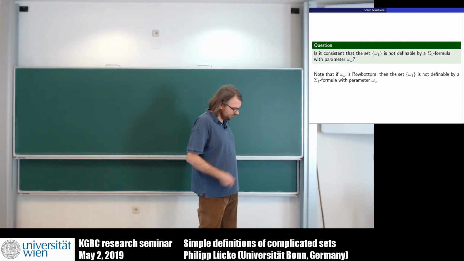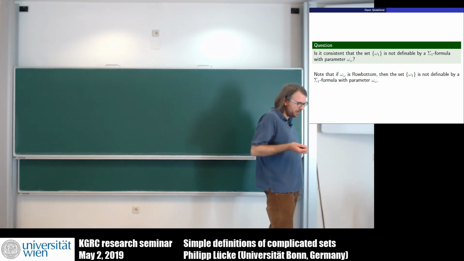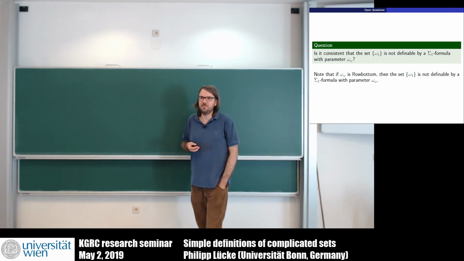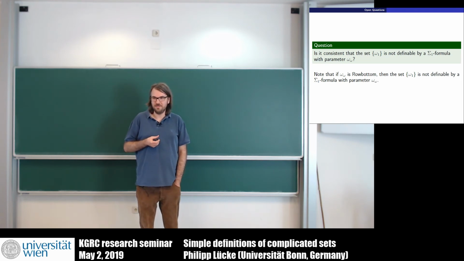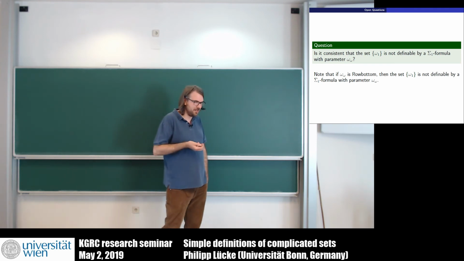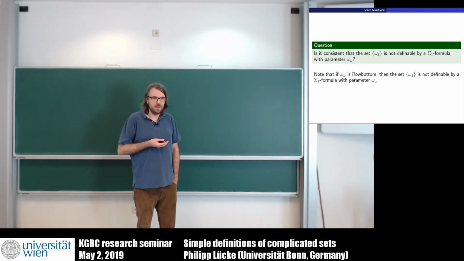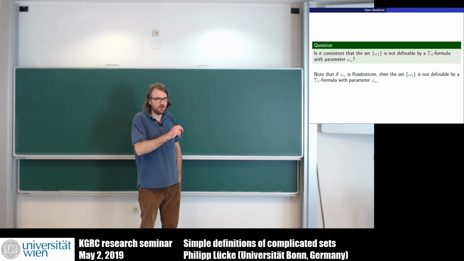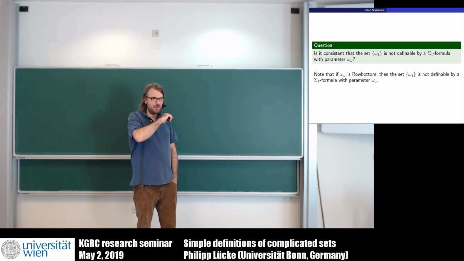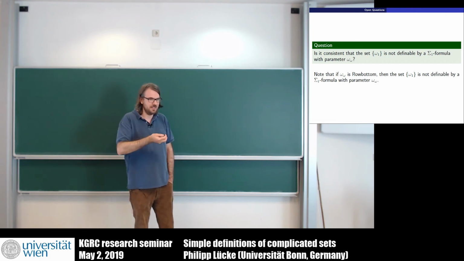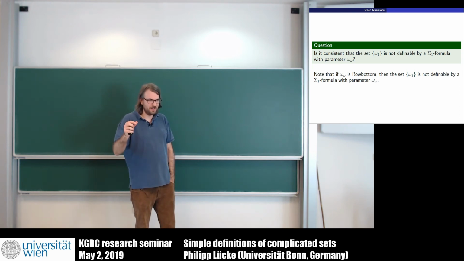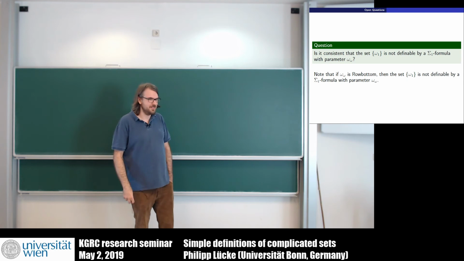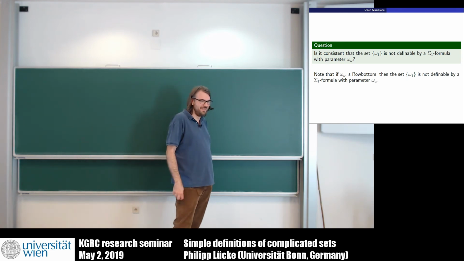I think it's still open whether PFA implies that omega omega is not rho bottom. So it's possible that this is a consequence of PFA, that omega omega is not rho bottom. And if you could show that some forcing axiom implies that omega 1 is Sigma 1 definable from omega omega, then you would prove that it's always not rho bottom.